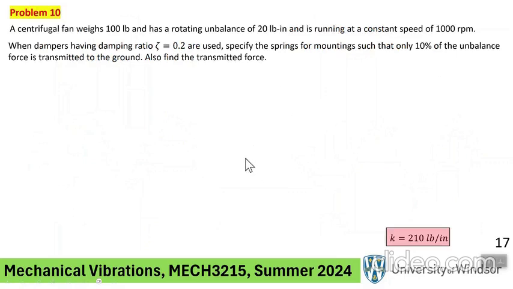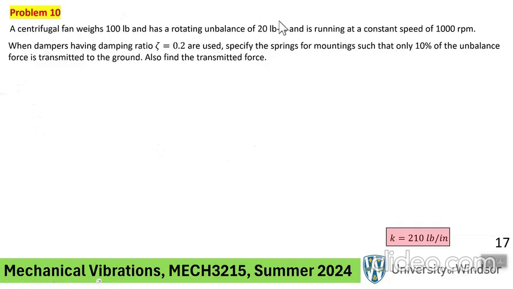So let's do our problem number 10, and here there is a centrifugal fan which weighs that much. This is not the mass, this is the weight in pounds, okay? And it's rotating with an unbalance of 20 pound-inch.